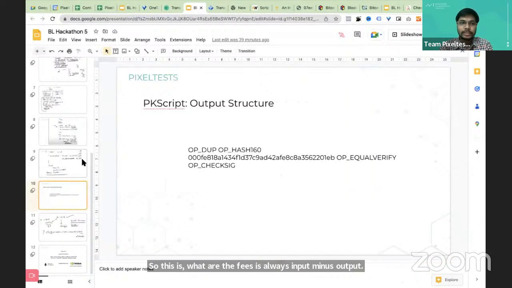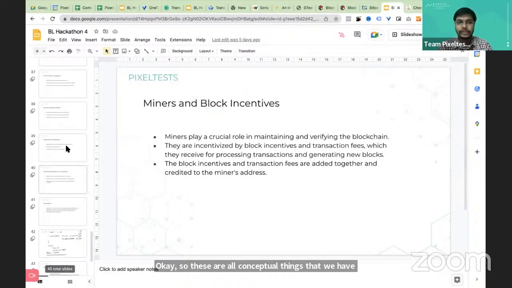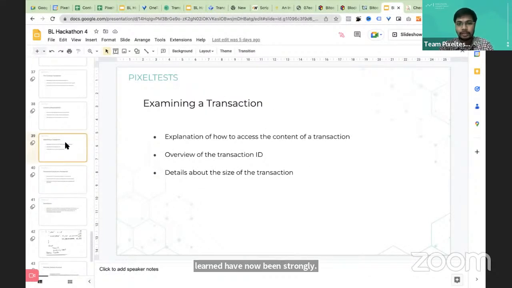So all these conceptual things that we have learned have now been strongly standardized and understood by all of us. The whole system, from where the transaction is happening, the UTXOs, how the locking and unlocking is happening, how the structure of inputs and outputs works, and how the script of Bitcoin uses a stack to perform these operations and validate a transaction.